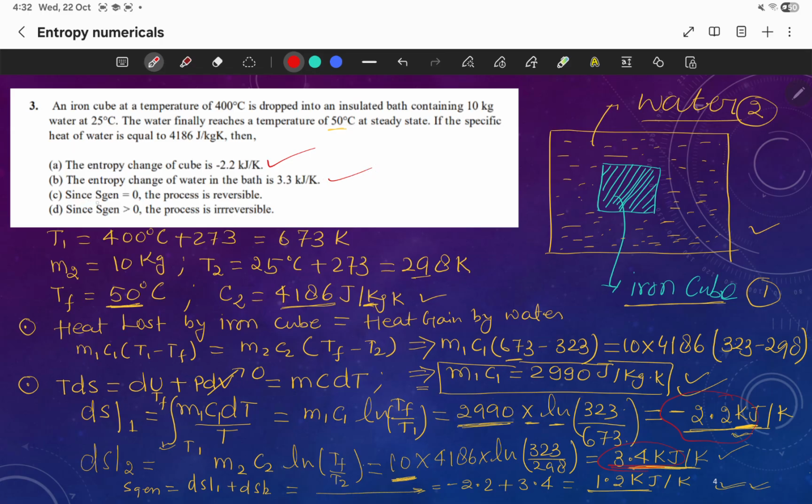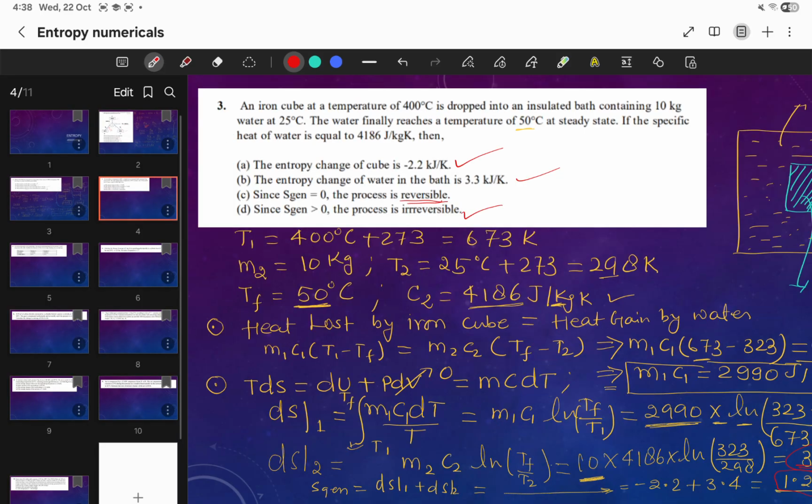Since S generation equals 0, the process is reversible: no, S generation we obtained is 1.2, which is greater than 0, so this process is irreversible. So the correct options are A, B and D. These will be the final answers. Now let's try to solve the next question.